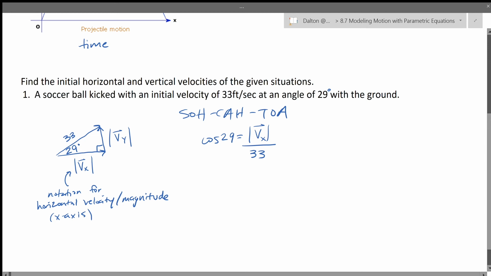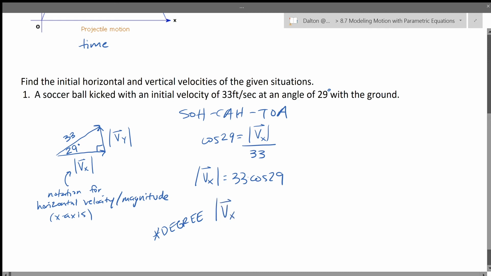To solve for that horizontal velocity, I multiply both sides by 33, so it's 33 times the cosine of 29. Again, you need to check that your calculator is in degree mode. The default is radian, so always check and make sure that you're in degree mode before you type this in.